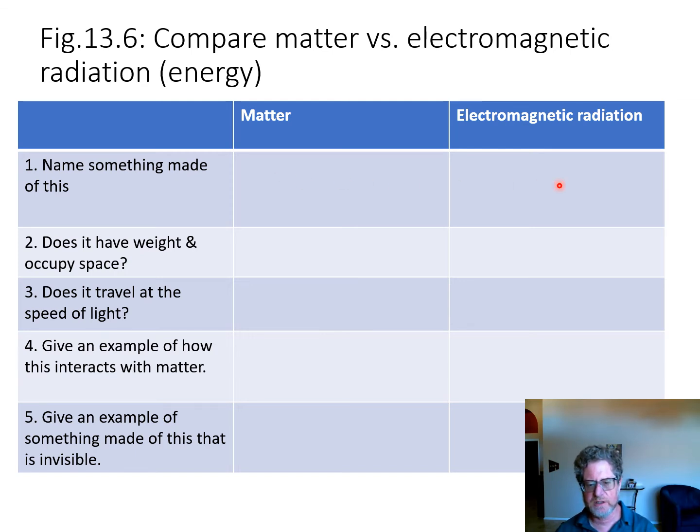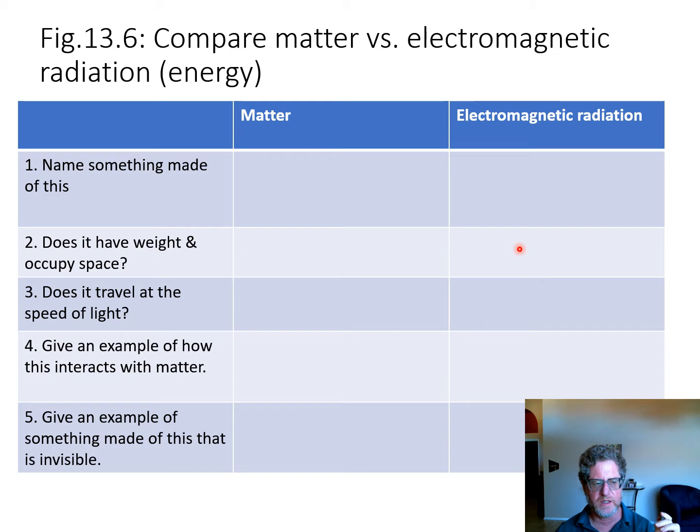Electromagnetic radiation, X-rays, gamma rays, visible light, that's all radiation. Does it have weight and occupy space? Sure, your hand and the pen both have weight and occupy space. X-rays, gamma rays, microwaves, visible light don't have any weight.